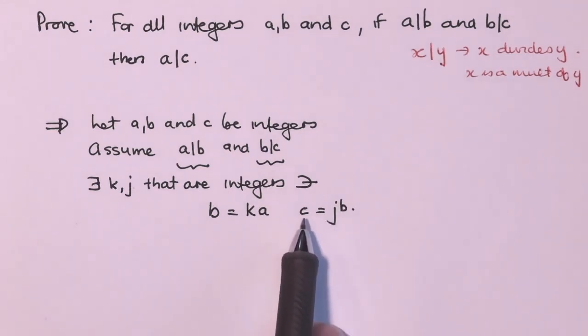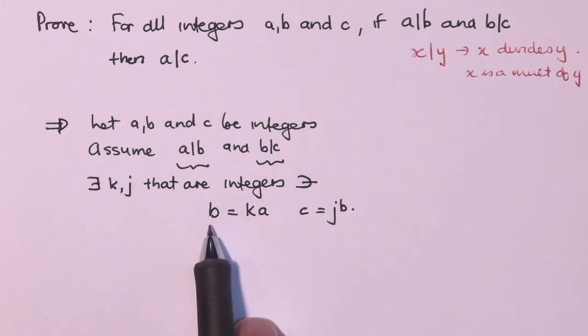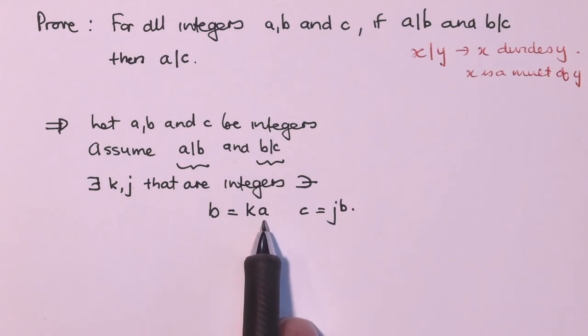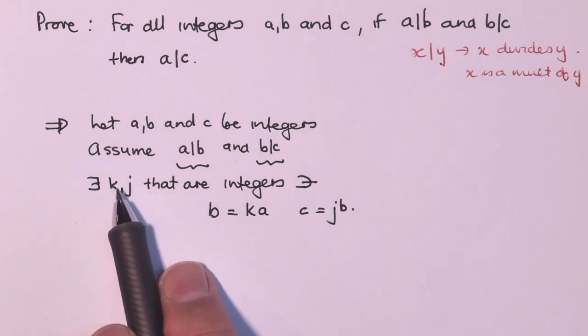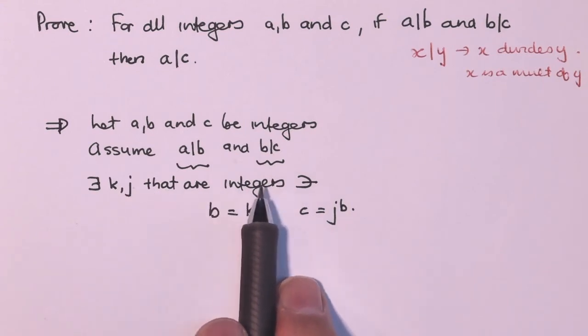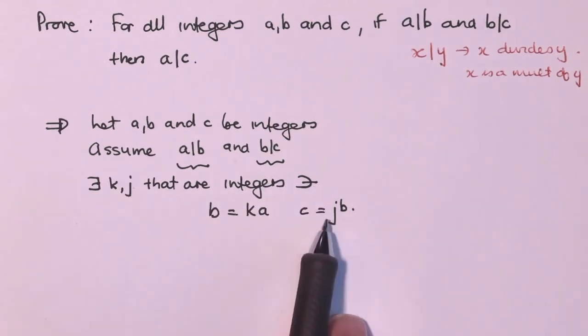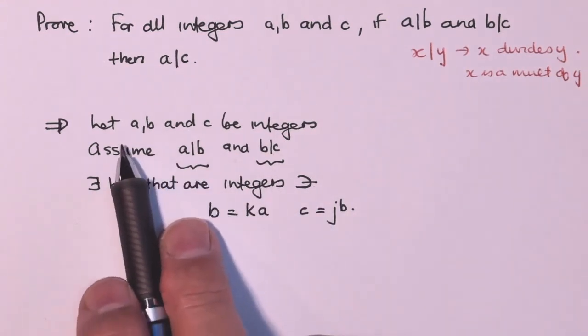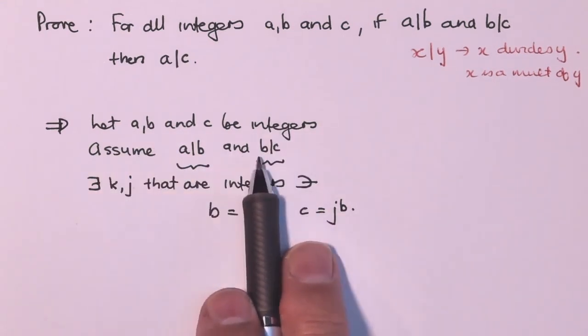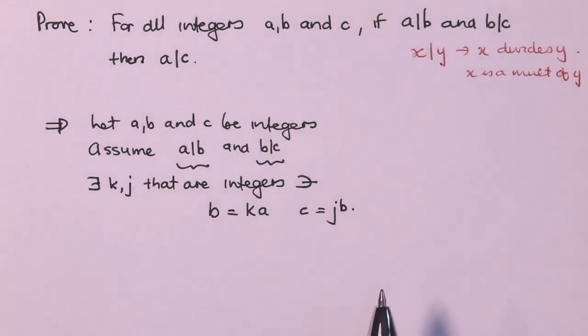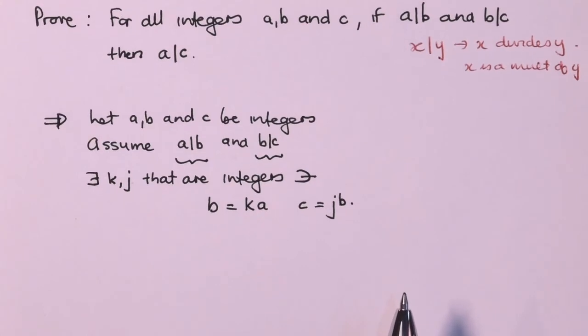So we're saying c is a multiple of b and b is a multiple of a, by saying there exist k, j that are integers such that this is the case. So we've introduced them, we've made our assumption, and we also then continued to say what our assumption implies.